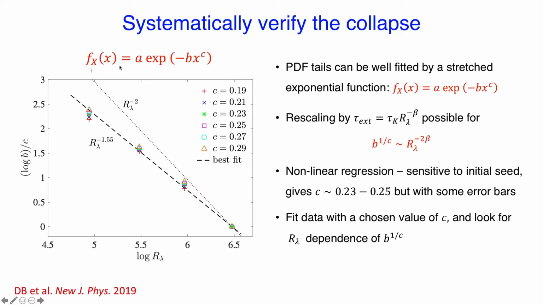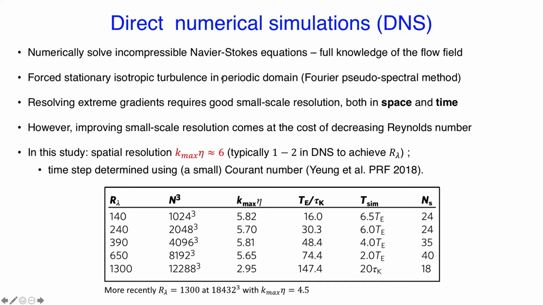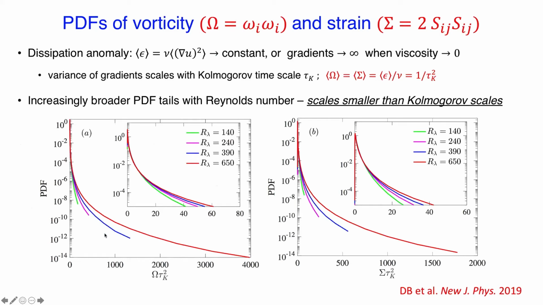So, let me quickly show this. This is the PDF of vorticity and strain normalized by the Kolmogorov timescale, and f of x is the stretched exponential function that we are fitting over these tails, which are far from the part where you have collapse with the Kolmogorov time.